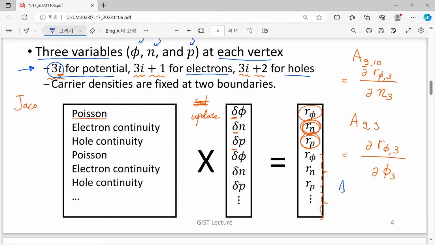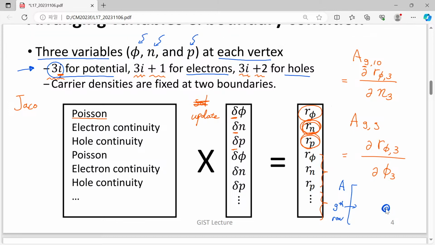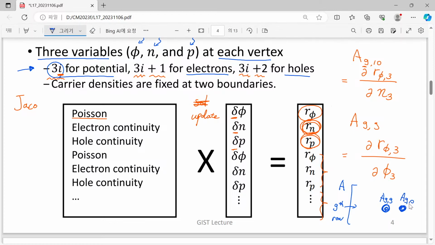So here if you have a matrix, then you have the ninth row, and there will be a certain number corresponding to a sub 9 comma 9, and there is another component like a sub 9 comma 10. Although they are just neighboring entries, their physical meanings are completely different.